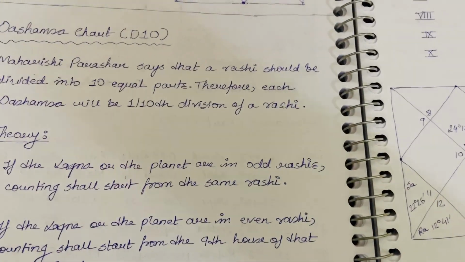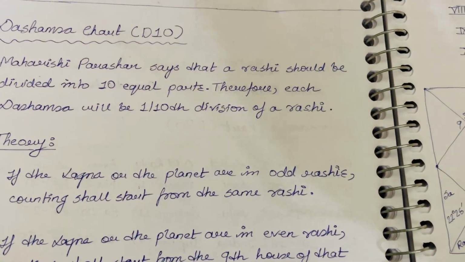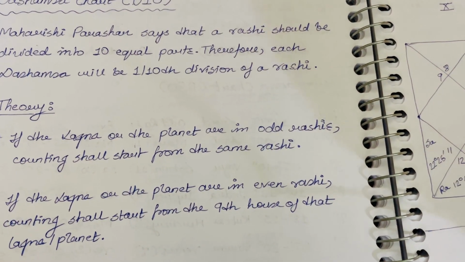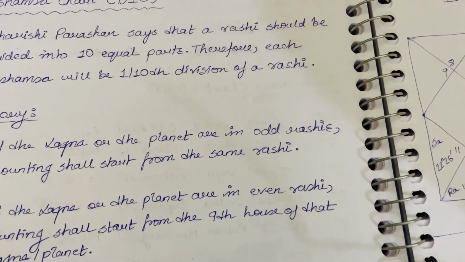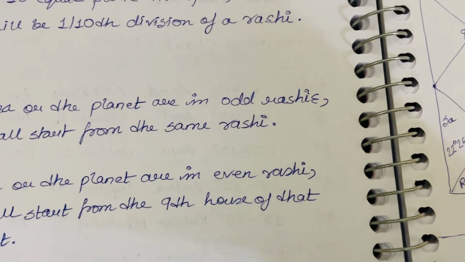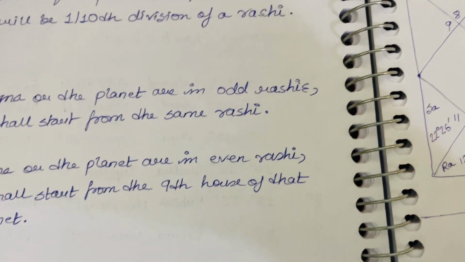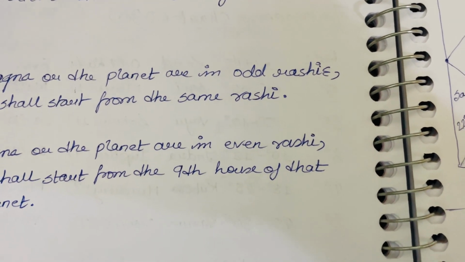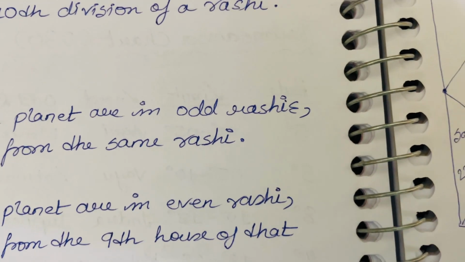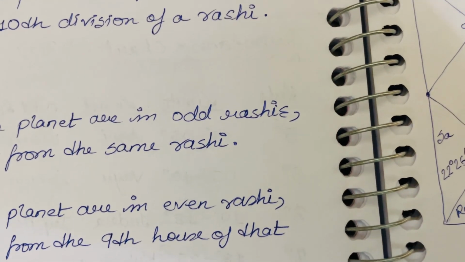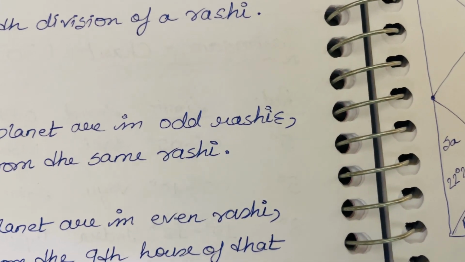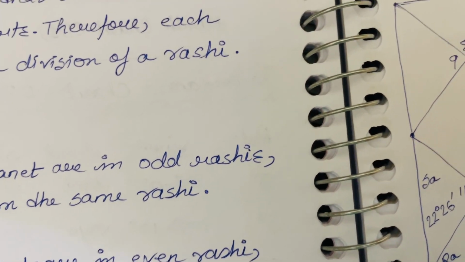Now, the calculation and creation of the Dashamsha chart is also very simple, very much like the Dwadashamsha chart. The Dwadashamsha chart was also very simple, because remembering the thing and creating the chart was like a cakewalk.